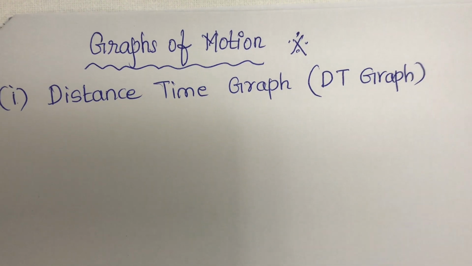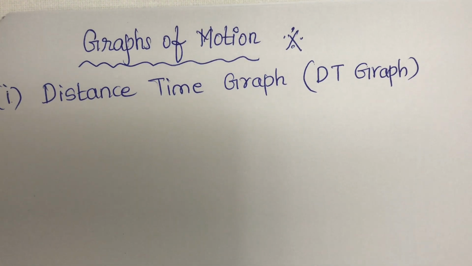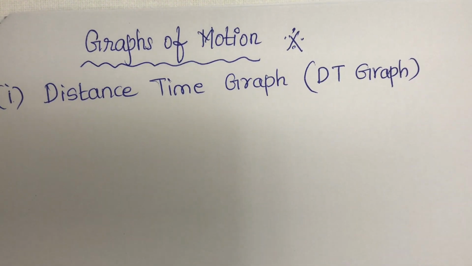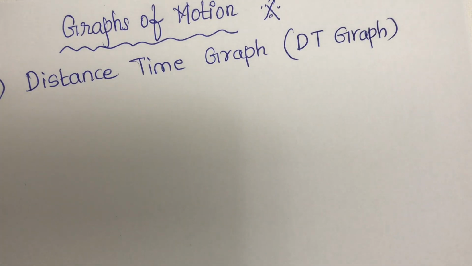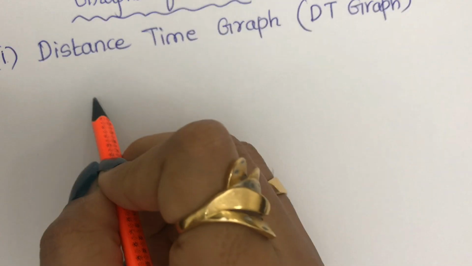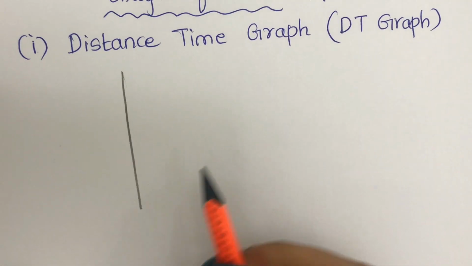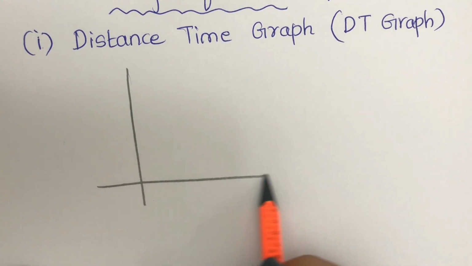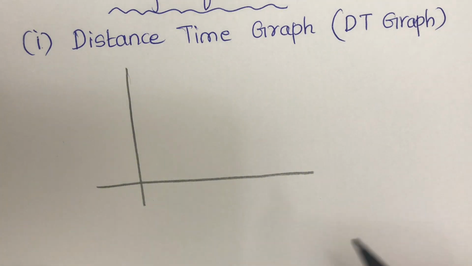So the first one is the distance time graph, that is a dt graph. I'll show how the distance time graph will look. This is the y-axis and this is the x-axis, right?